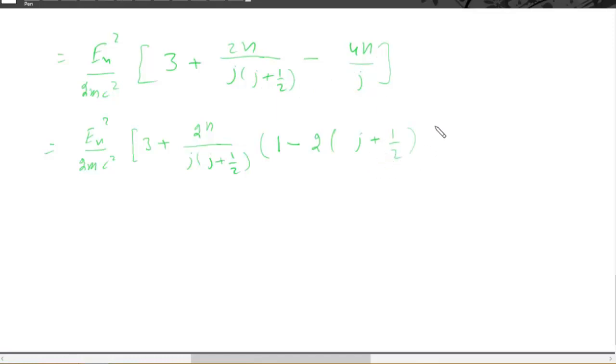Okay, then we can write these equations as 4mc squared and 3 plus 2n divided by j and j plus half.